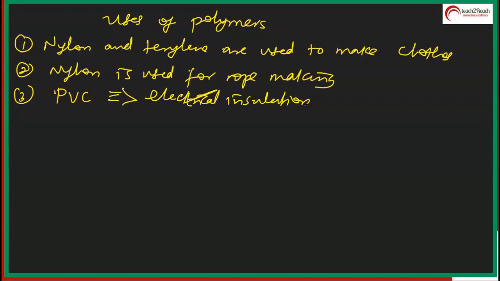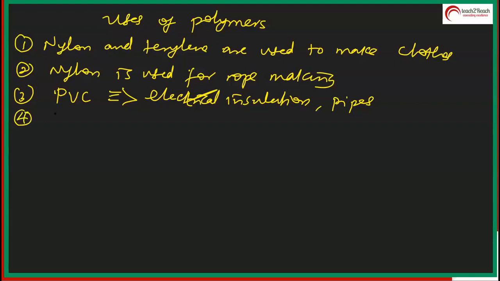If you look at those wires, you will see PVC written on it. You can also use it for making pipes, those water pipes or soakaway for gutters. They're made of PVC.